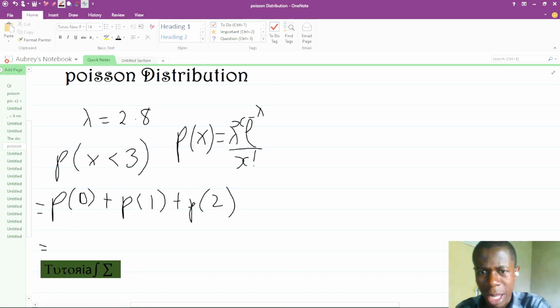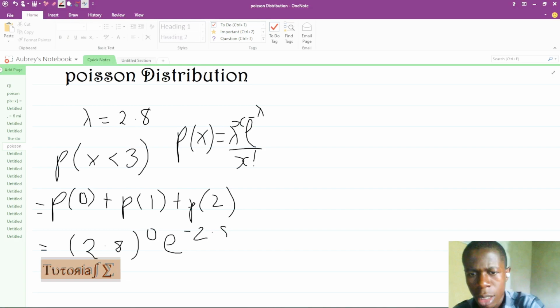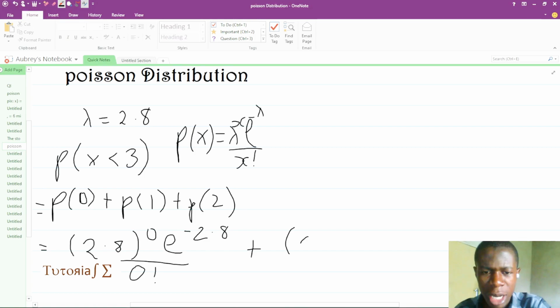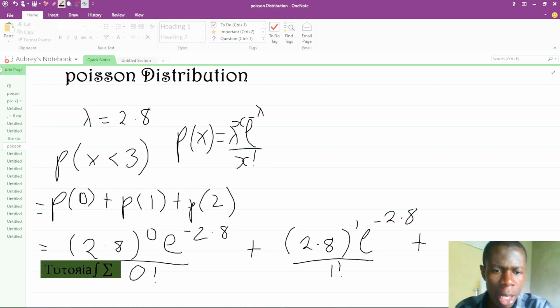That would be lambda, which is 2.8, to the power 0, times e to the negative 2.8, over 0 factorial, plus when x is 1, it will be our lambda 2.8 to the power 1 times e to the negative 2.8, divided by 1 factorial, plus when x is 2, which is 2.8 to the power 2 times e to the negative 2.8, over 2 factorial.